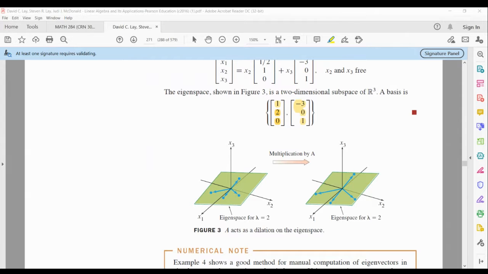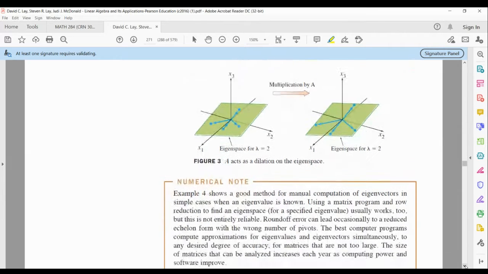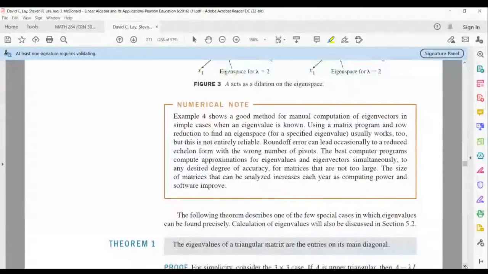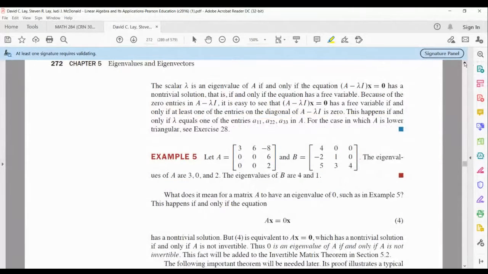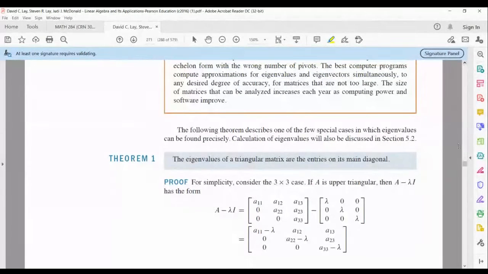Okay. Well, let's go forward here. There's a theorem in the book that you have not seen how to find eigenvalues yet for a matrix. You can see how to find eigenvectors, but you have to be given the eigenvalue in section 5.1. However, there is a theorem here, theorem 1, that says if you have a triangular matrix, the eigenvalues are simply the entries on the main diagonal.